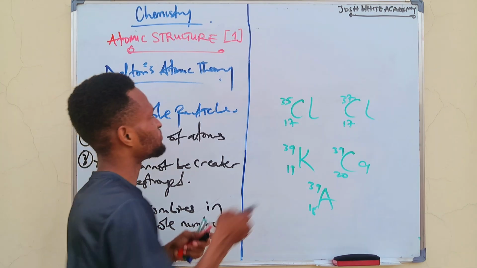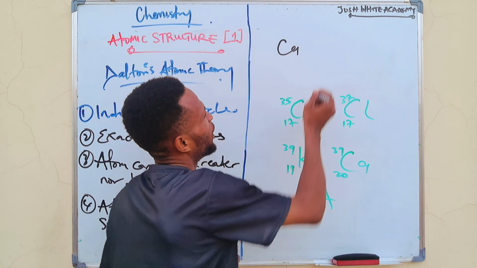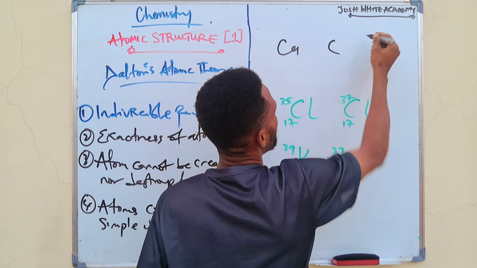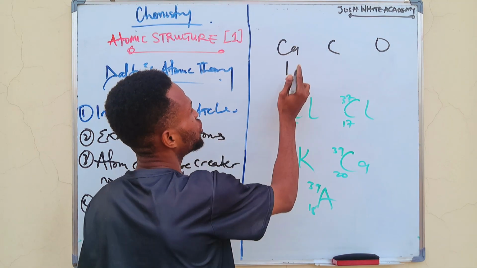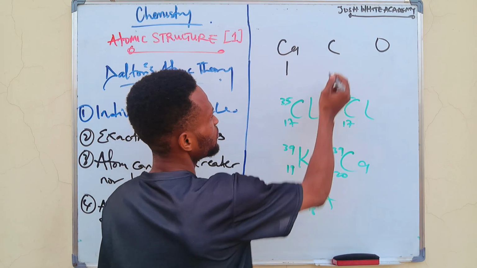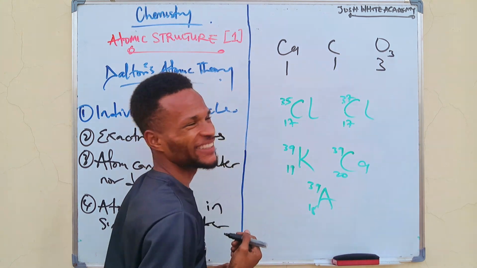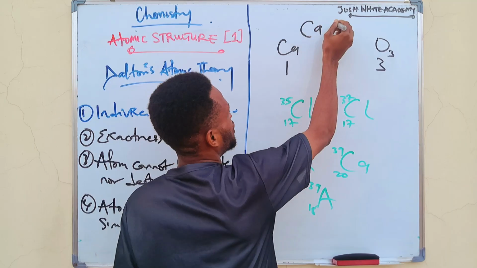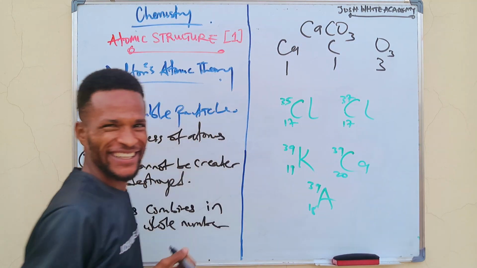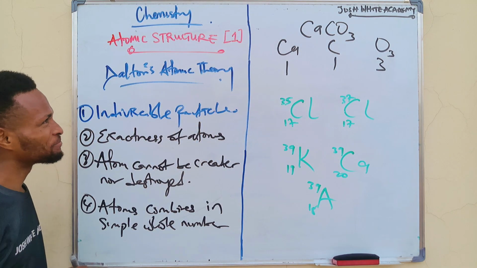For instance, calcium with carbon with oxygen: calcium 1 atom, carbon 1 atom, oxygen 3 atoms, forming a compound called calcium carbonate, limestone or chalk.